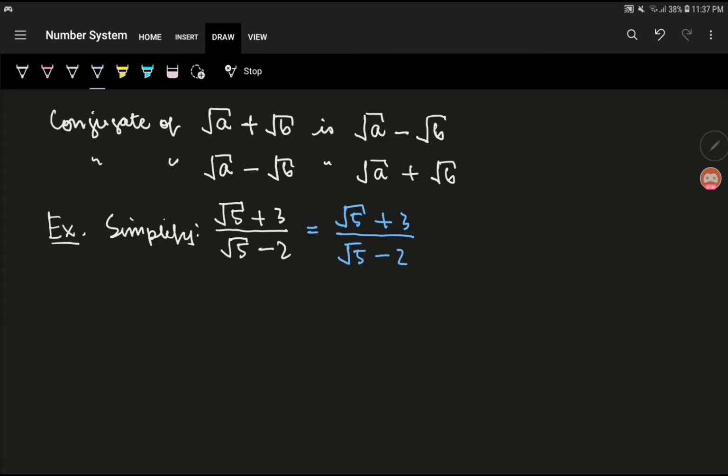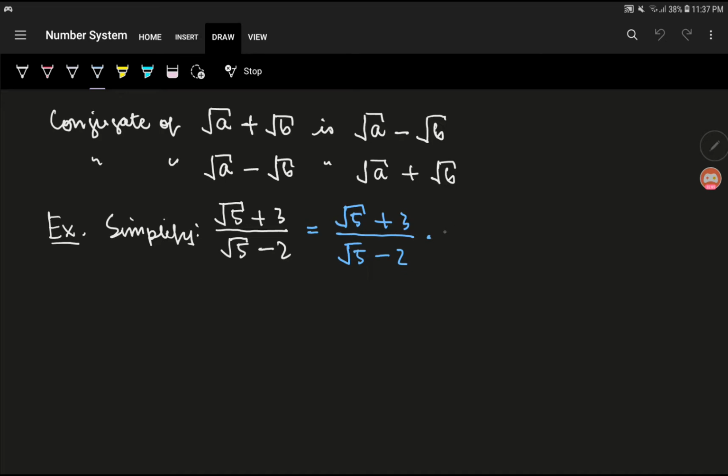To rationalize the denominator we use the conjugate, which is plus.